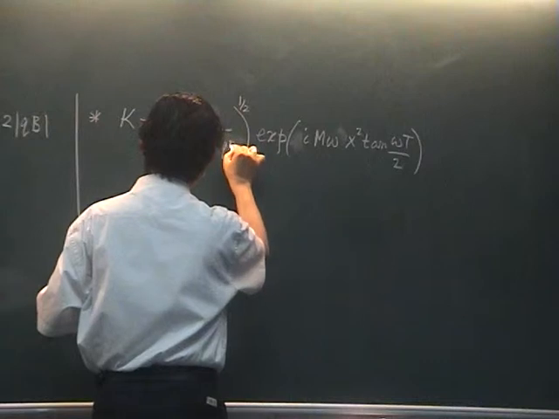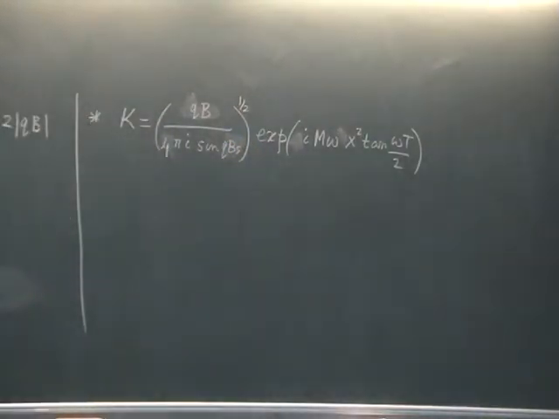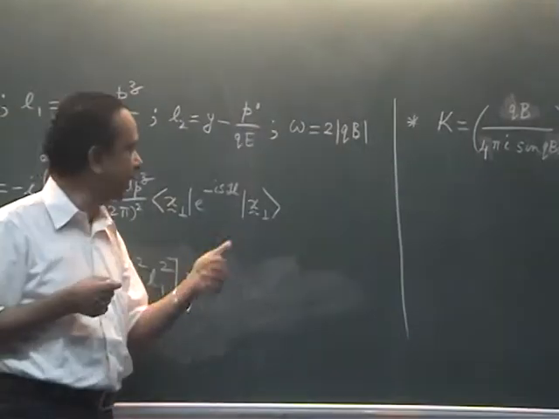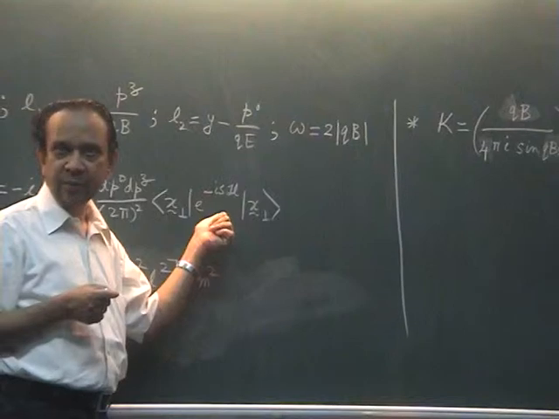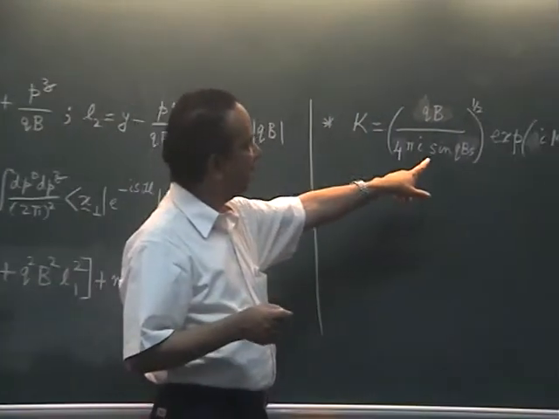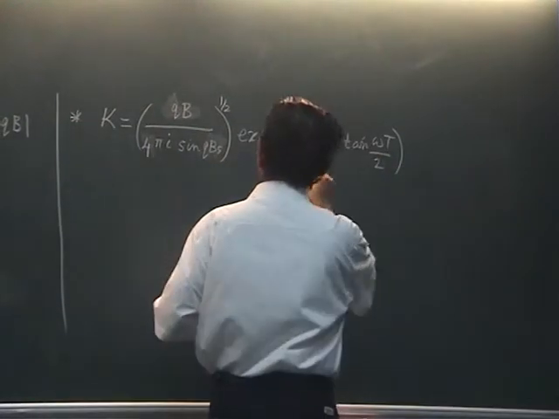And T happens to be S. That is because when you do the kernel, you go from one point to another point in a time interval capital T. The capital T there was the kernel to go from x1 at 0 to x2 at capital T. Here we are talking about a time interval which is S. So in order to substitute into this, you should put S here. Then again m is going to be half.